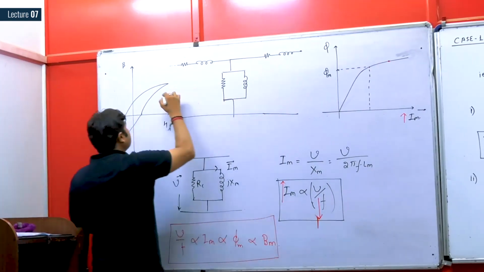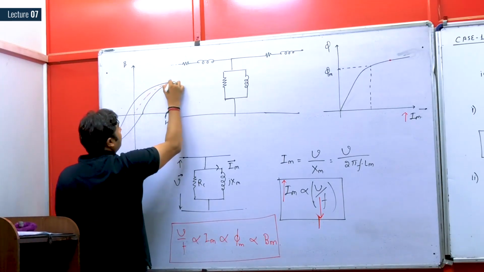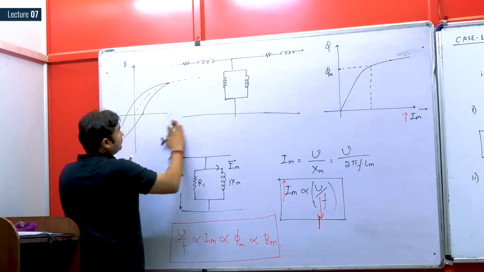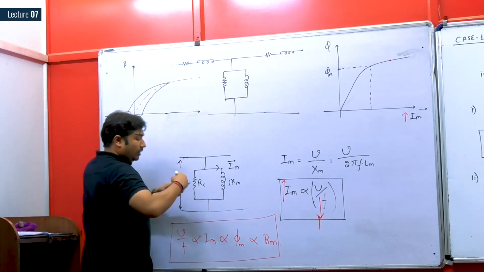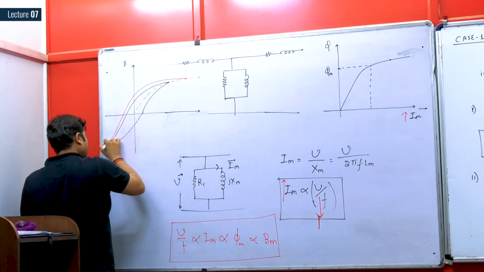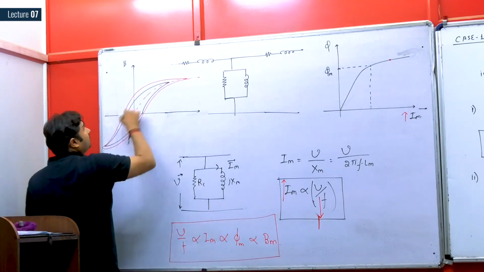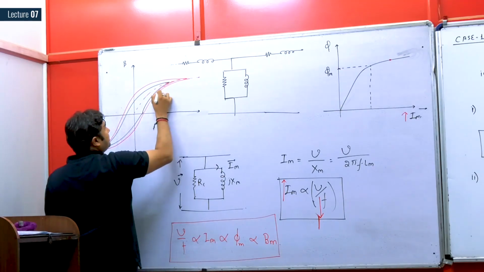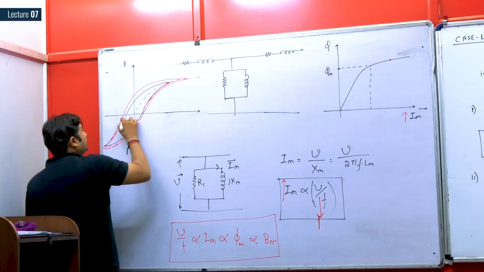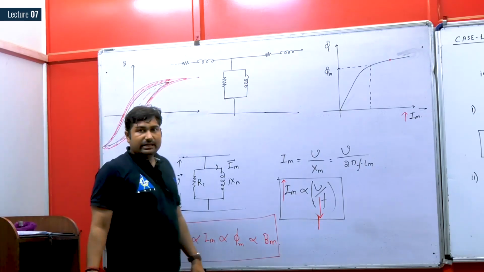Maximum operating flux increases means what happened? Now this will be the magnetization curve, and from the BH curve we can observe this will be the curve. If this will be the curve, definitely the extra area will be under the curve. And this extra area is representing that with the decrease in frequency, your hysteresis loss is increasing.